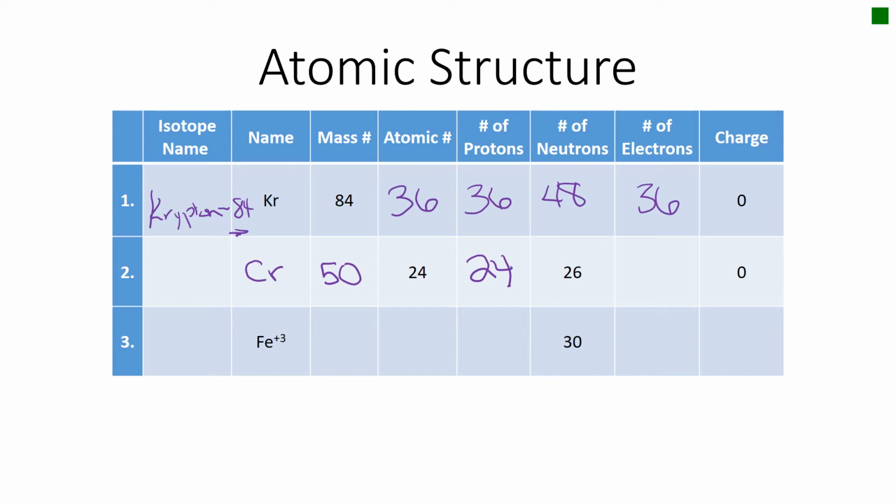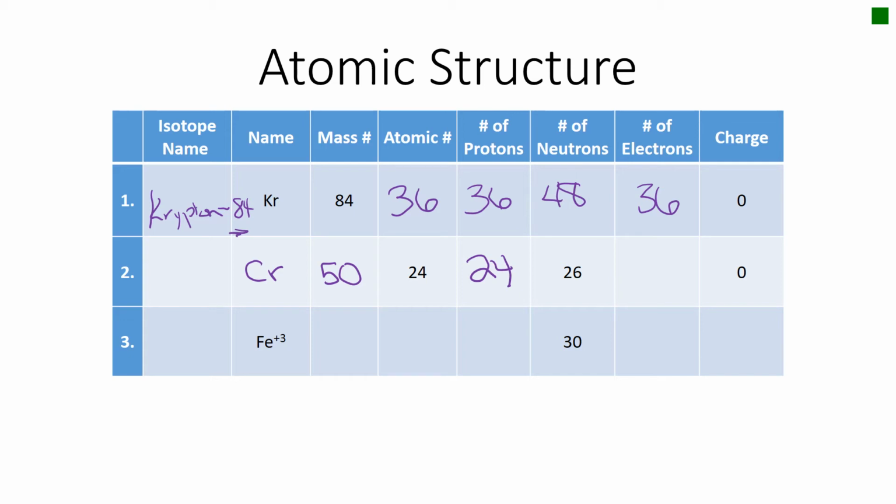You never look at the periodic table for the masses of these when you're filling in a chart. The one on the periodic table is the average mass of all of the chromiums in the entire universe. So that's not saying that this chromium is going to be 52. It's saying that the average of all chromiums is 52. This one in particular is 50.